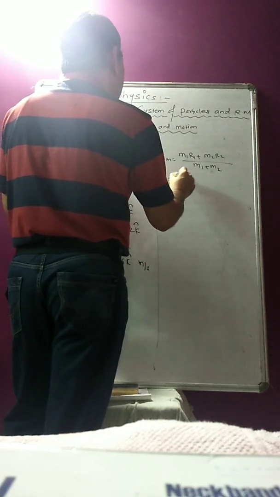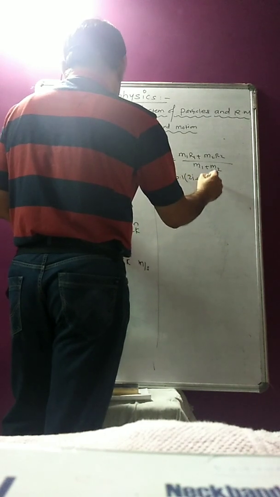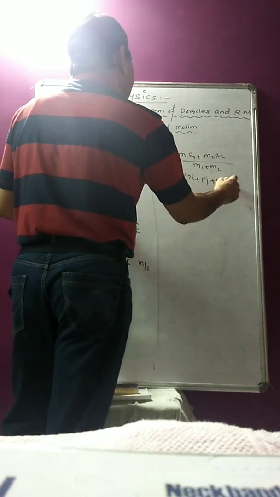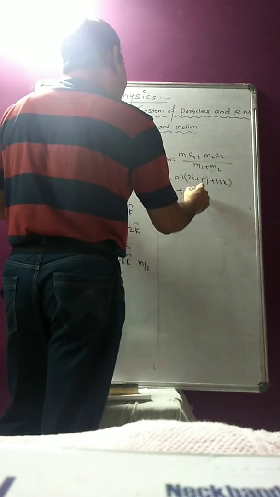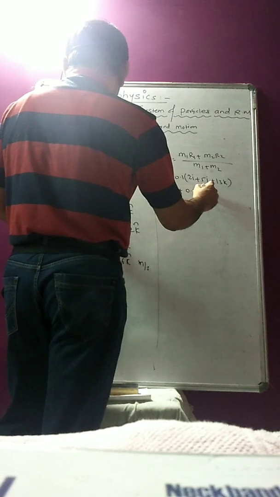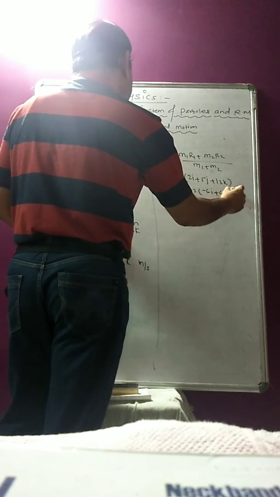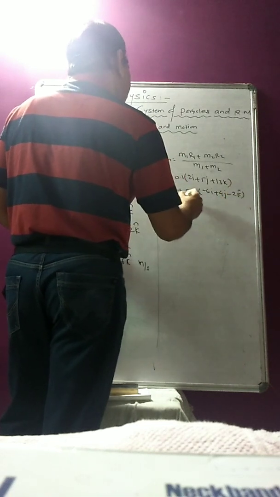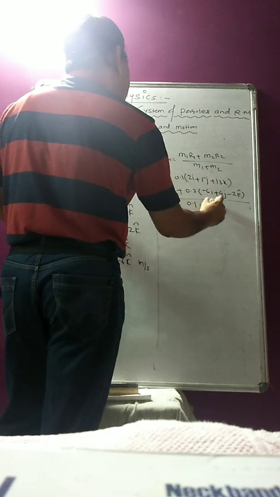What is the m1? 0.1. What is r1? 2i plus 5j plus 13k, plus m2 is equal to, what is that? 0.3. r2 will be, what is that? Minus 6i plus 4j minus 2k. Divided by total mass, which will be 0.1 plus 0.3.